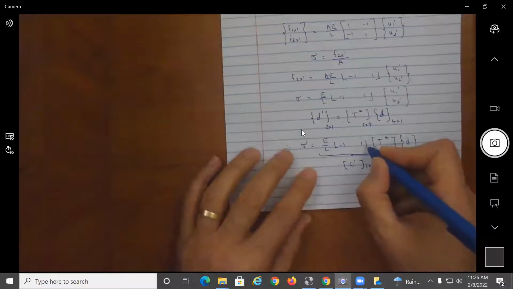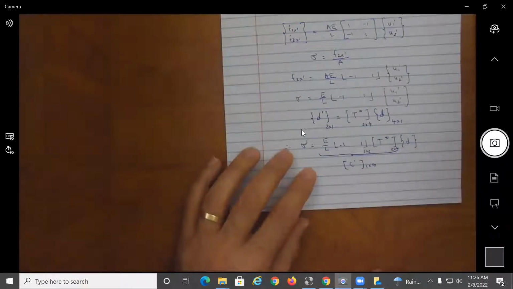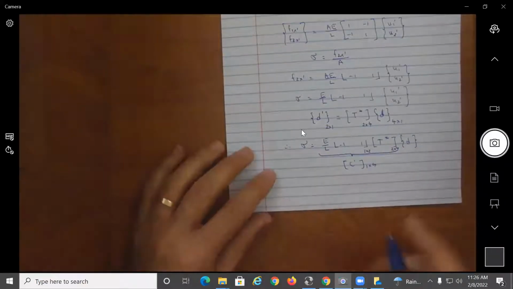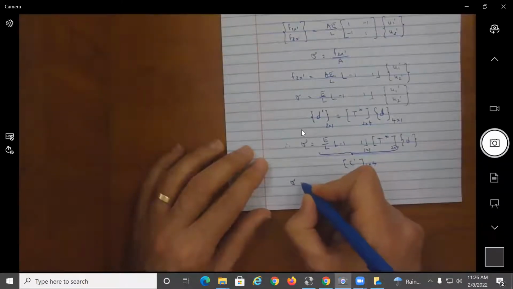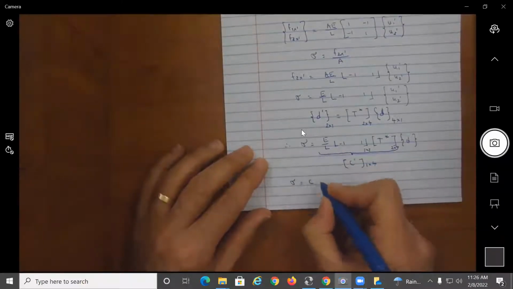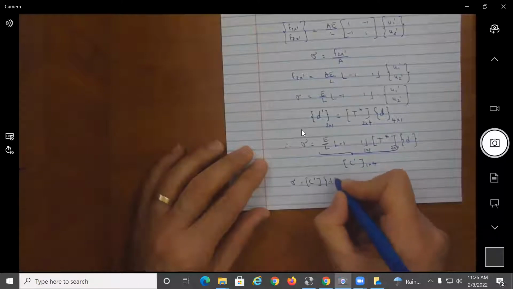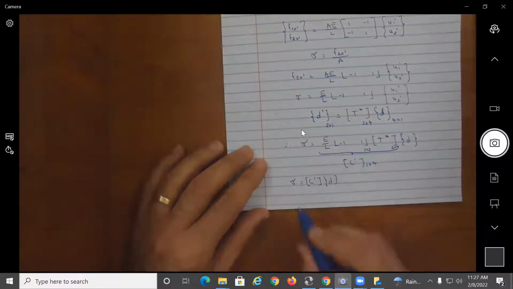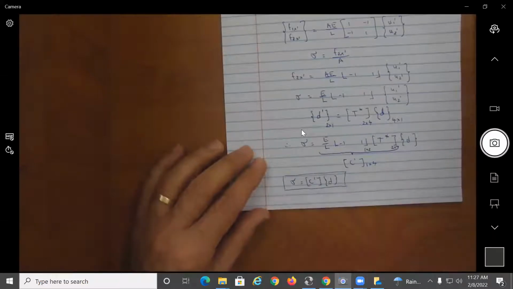So this is clearly here a 1 by 2, and this is a 2 by 4. I can say that sigma for a bar element is equal to this C prime multiplied by the nodal displacements of the element with respect to the global axis.